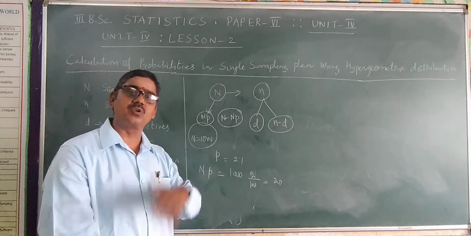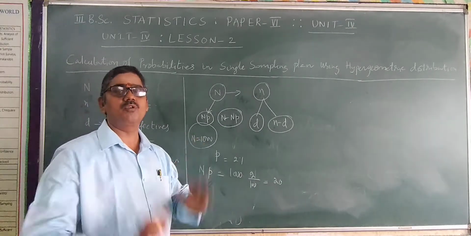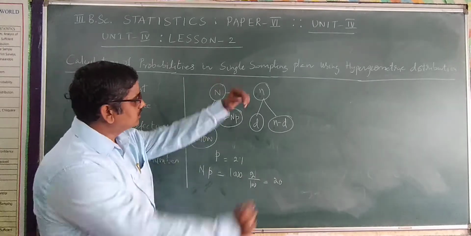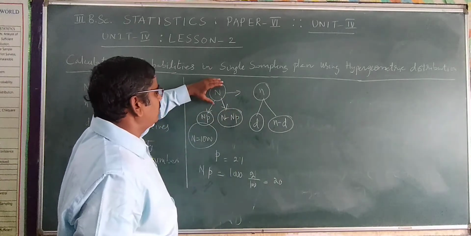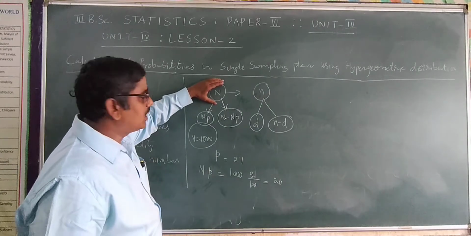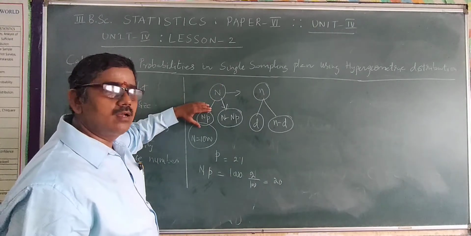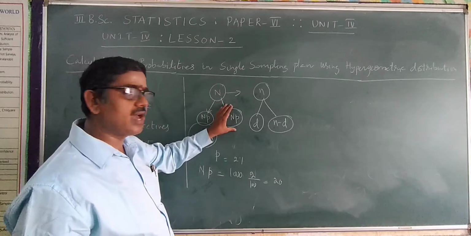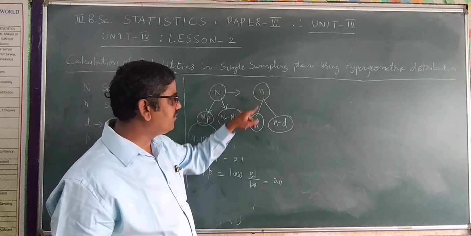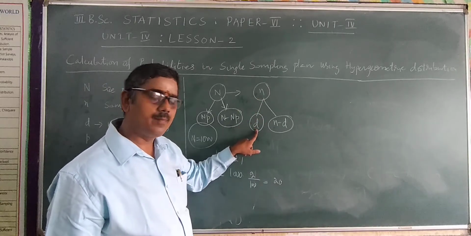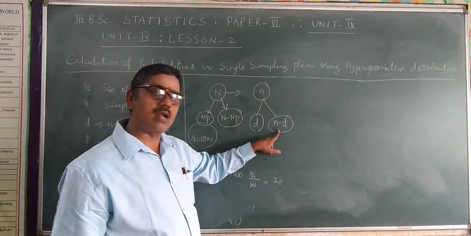Hope you understand. Out of the lot size N, the number of defectives will be Np, and the number of non-defectives will be N minus Np. In the sample of size n, the number of defectives found is d, and non-defectives will be n minus d.